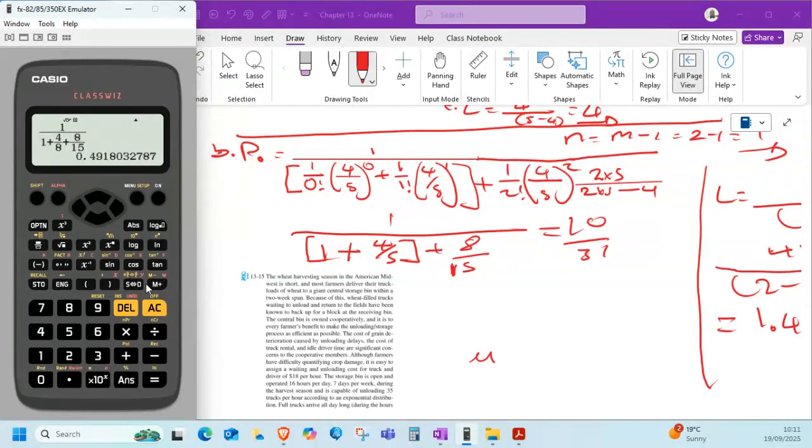Why am I not getting the right answer still? What's wrong? Guys, I need to make sure that I can at least give you the right answer.